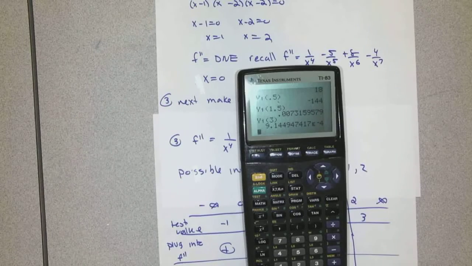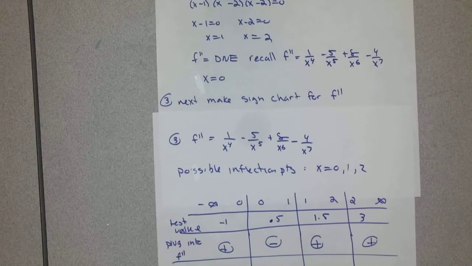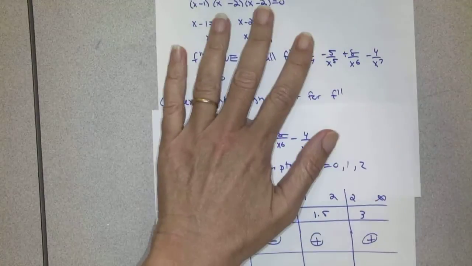And it does that weird thing. That's just scientific notation. So it really is 9.14494747 times 10 to the negative 4. It's scientific notation, but notice it's positive. That's all I care about. Positive. So there I have my signs. And so from there, I can say what's going on with my concavity.